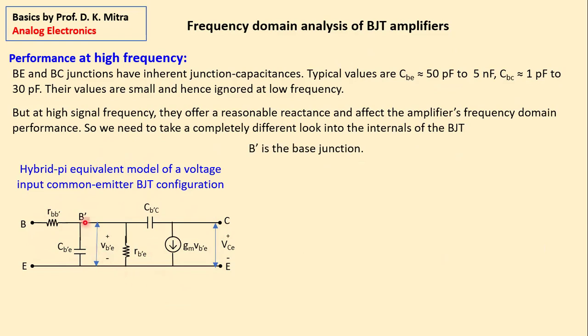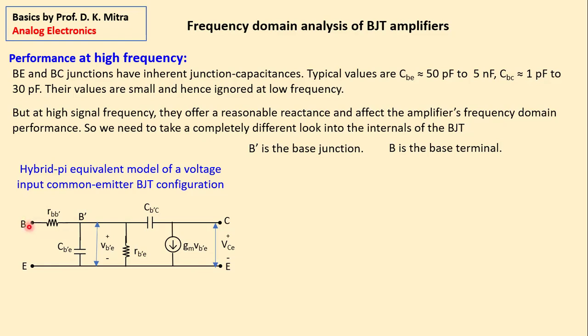B' is the base junction, the base-emitter junction. That is, if you drill into the transistor, there is a junction, that junction. And this B is the base terminal, the terminal that you can see from outside.